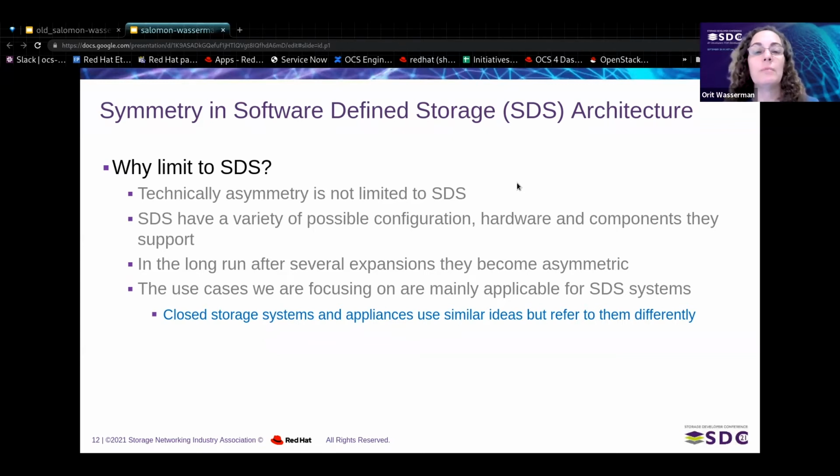This flexibility makes it harder to keep symmetry. Also, as we allow the system to grow over time, each time you expand the cluster, you usually use the latest, newest hardware, which will be a bit different than the existing hardware in the cluster. And as we are working on Ceph, this is our domain, software-defined storage.